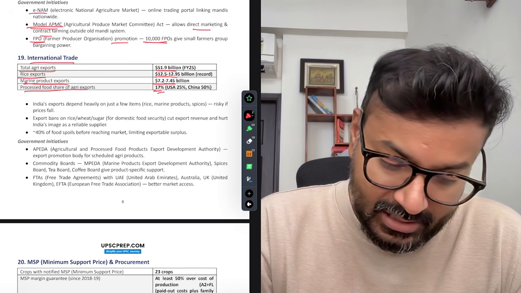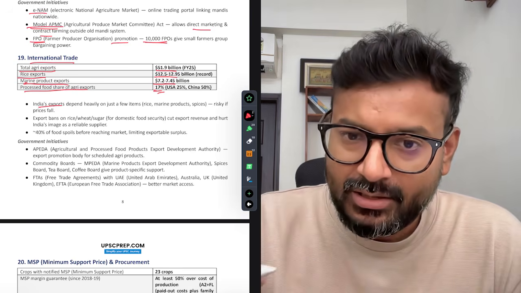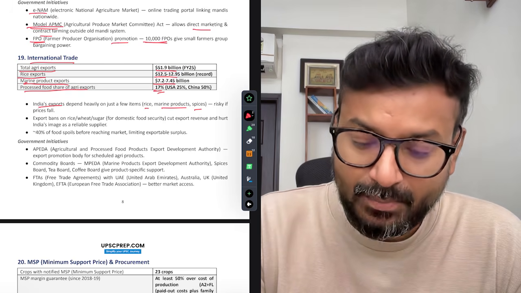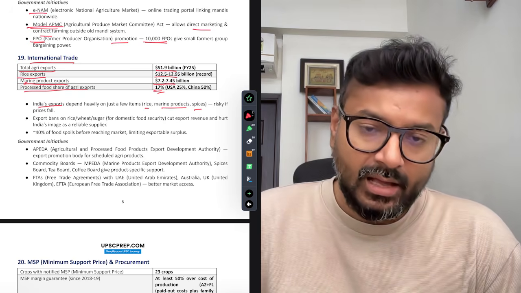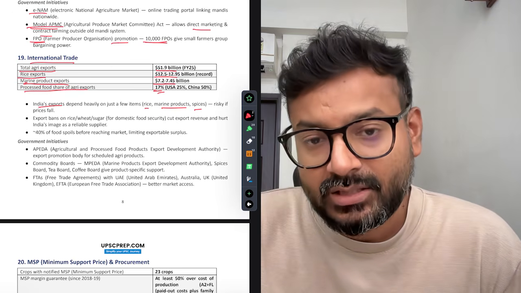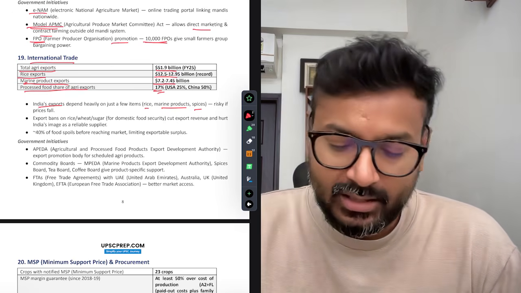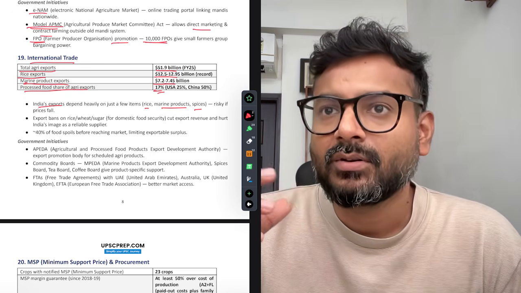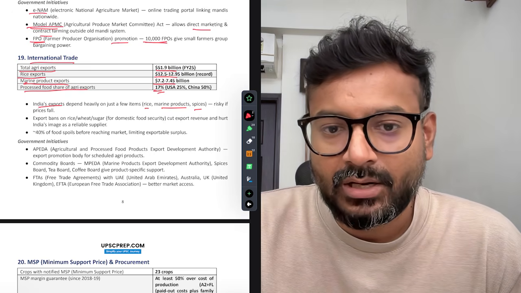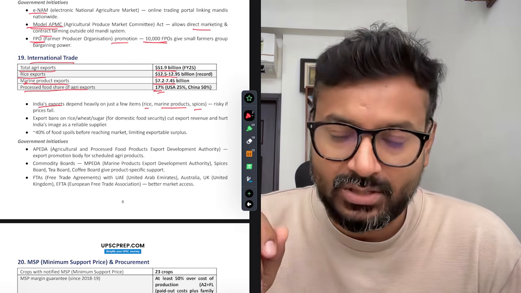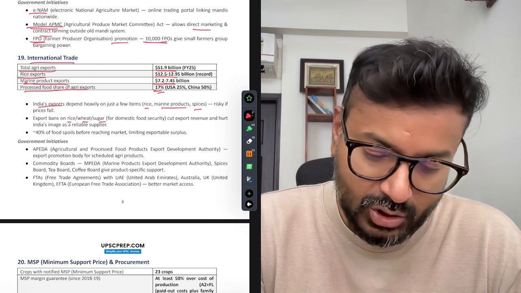So one is India's exports depend primarily on just a few items: rice, marine products, particularly shrimps, and spices. That makes us very vulnerable, because if the price of these particular products falls, then that will impact our exports. Also, sometimes, for ensuring food security in the country, the government bans export of certain food items like rice, wheat, sugar.